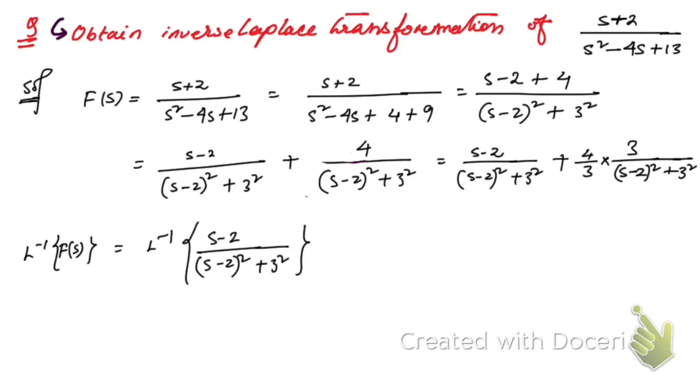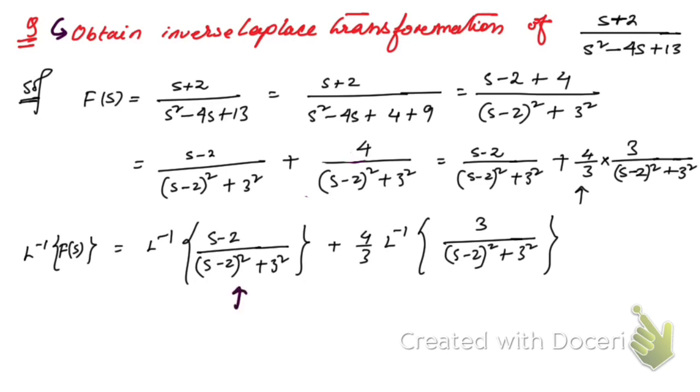And then this part is taken out, then inverse Laplace transformation of 3 by s minus 2 whole square plus 3 square, right? So now you see what we're going to apply here. Now first compare with this s by s square plus 3 square, assume it this way. So its inverse Laplace transformation is cos 3t, right?